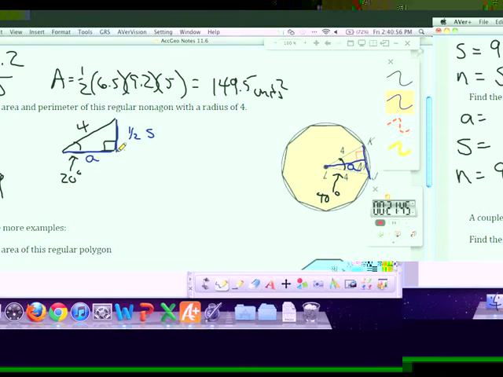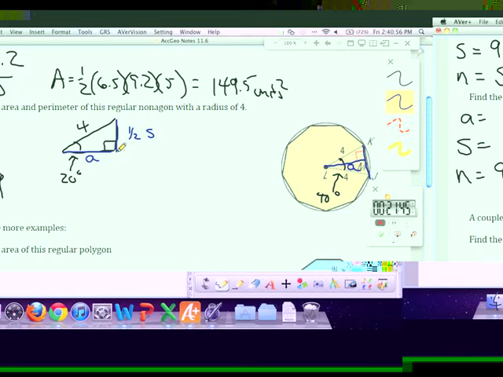I need to know what this length is right here. Well, as some of you noted, if this is 6.5 and this is 8, then you could use the Pythagorean theorem to calculate what half of the side length is. So you could say 6.5 squared plus x squared is equal to 8 squared.